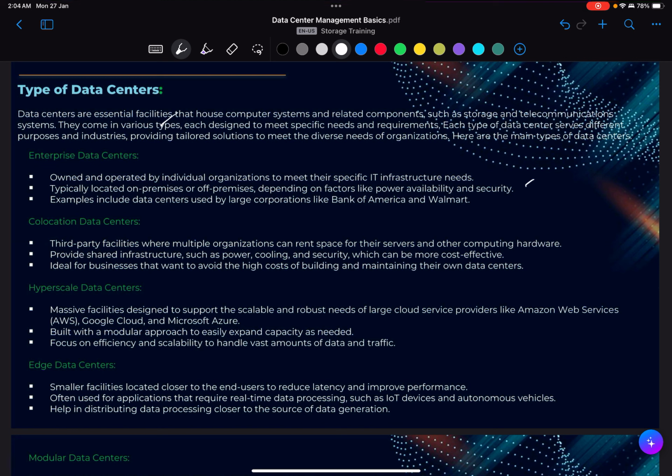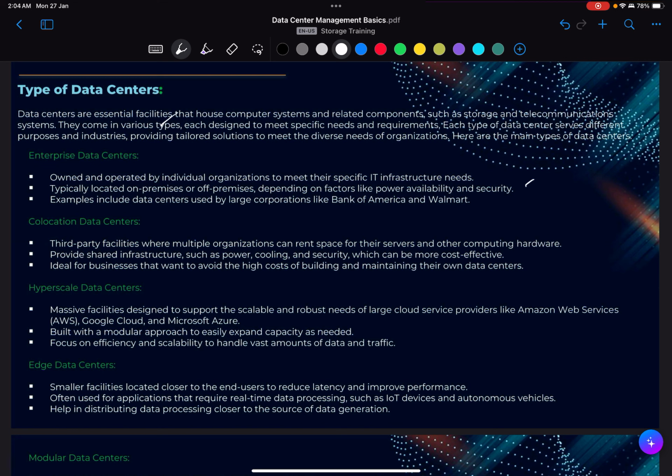Then there are co-location data centers, where third-party vendors provide the data center facility, and multiple organizations can rent space for their servers and other components. They provide shared infrastructure such as power, cooling, and security.